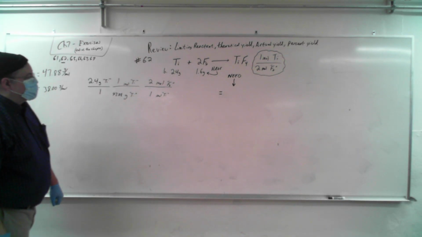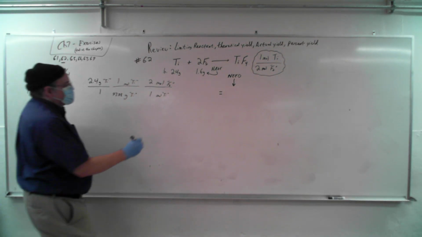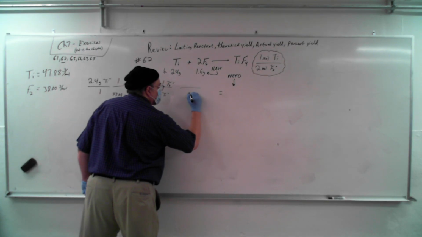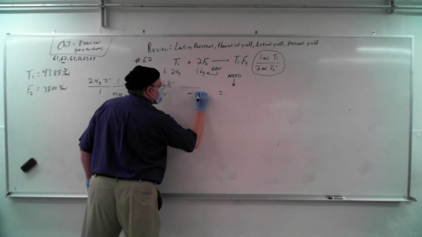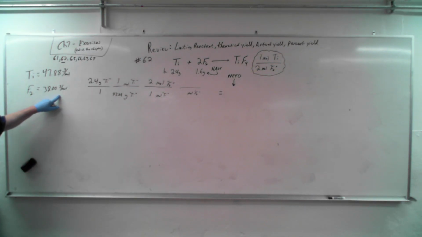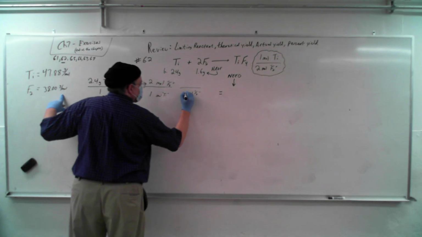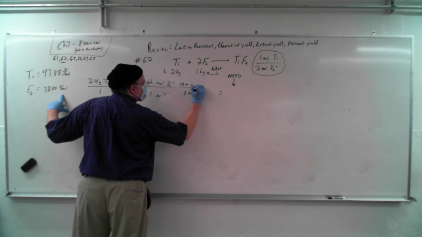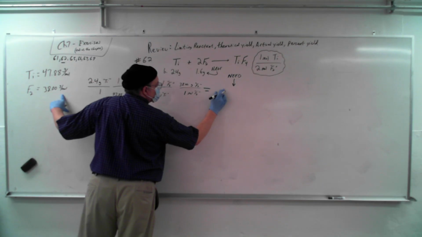Finally get to the equal sign. All right, next, on the bottom, I'm going to have moles F2. So I'll be using this. So it's going to be 1 mole of F2 is 38 grams of F2 equals.